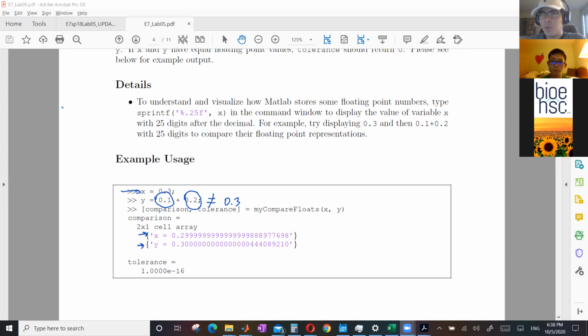So if you think of very small numbers, or this is probably easier to understand with very, very big numbers.